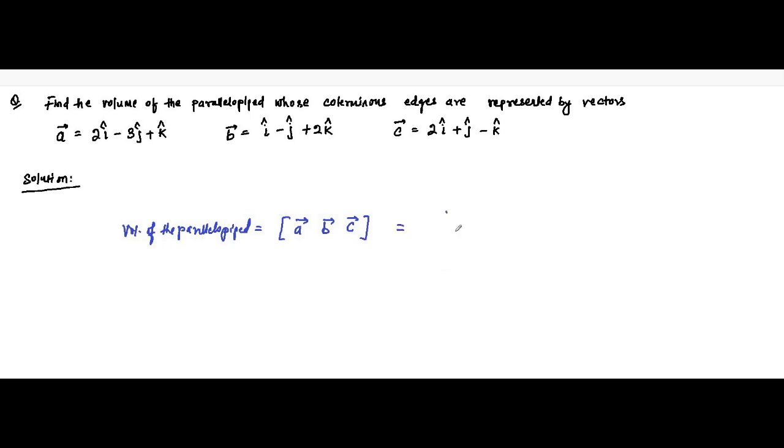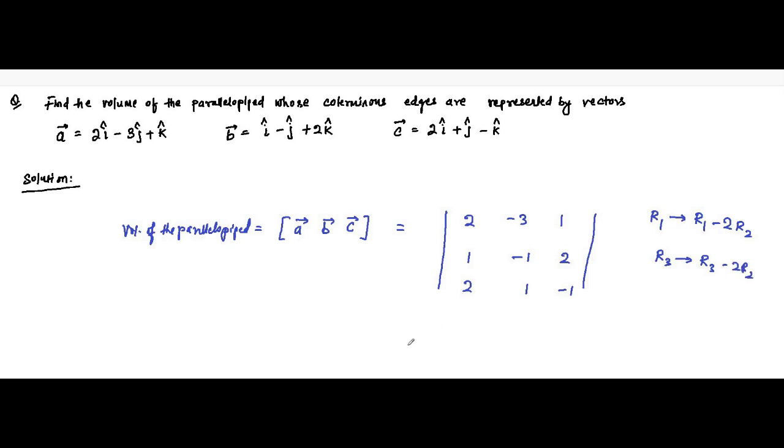So in determinant form, we'll represent it 2, minus 3 and 1, the x, y and z components of A vector, then 1, minus 1 and 2, and here it is 2, 1, minus 1. Okay, so here we can do some manipulation in rows to simplify it. So we can do R1 is equal to R1 minus 2R2 and R3 is R3 minus 2R2.